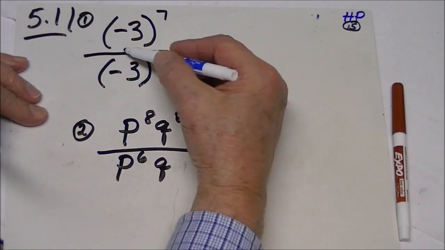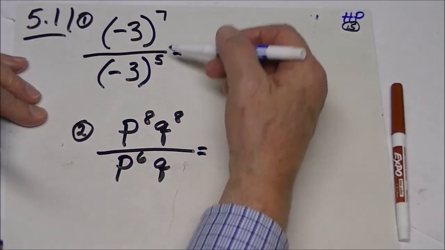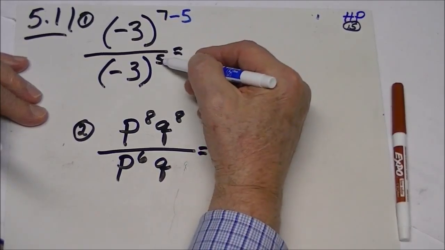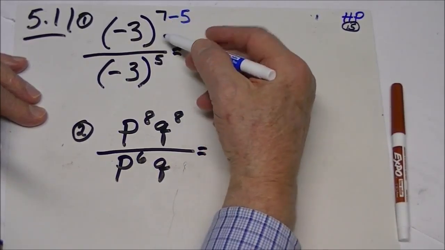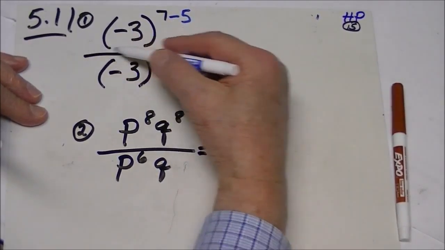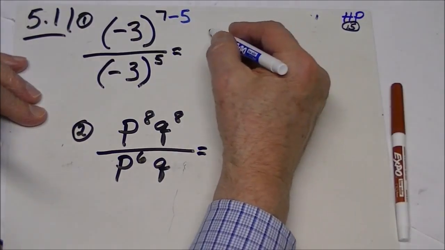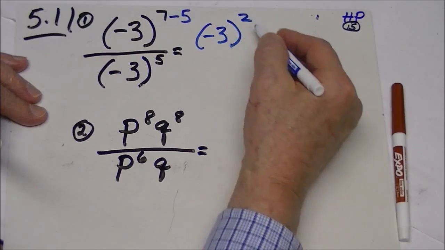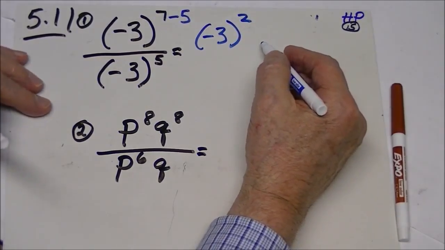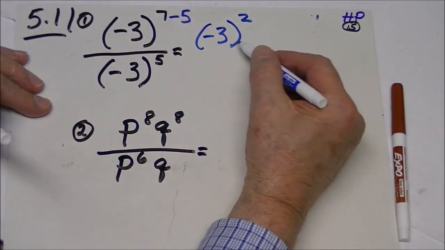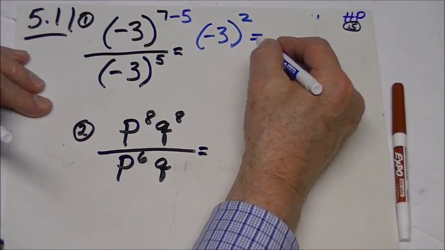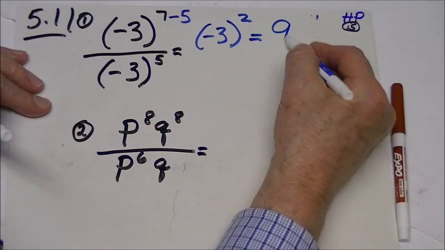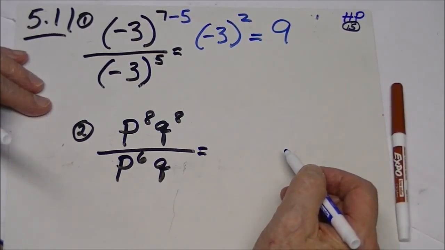When it crosses the division bar, we subtract it. The sign of the exponent changes as we cross the division bar. So this then becomes a -3 to the second. Now they asked us also here to simplify. So this would be a -3 times a -3 gives us a +9.